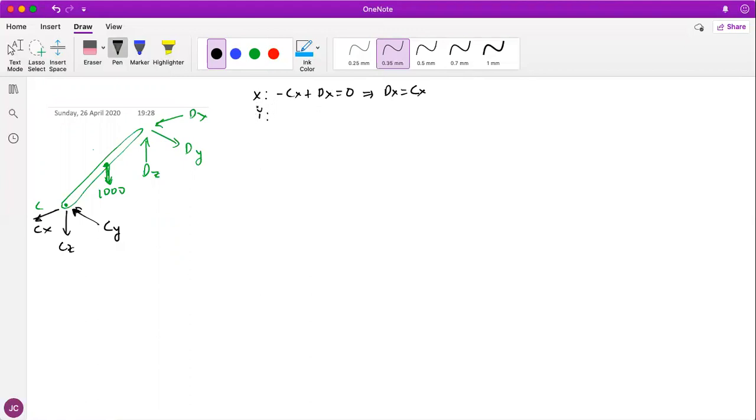And then let's just put the y part. This is minus CY plus DY equals 0. Therefore, you will see, yeah, I think I have all the information. I thought I was missing something. So DY equals CY. Okay, something more. Now z part. The C part says that minus CC plus DC going up equals 1,000.